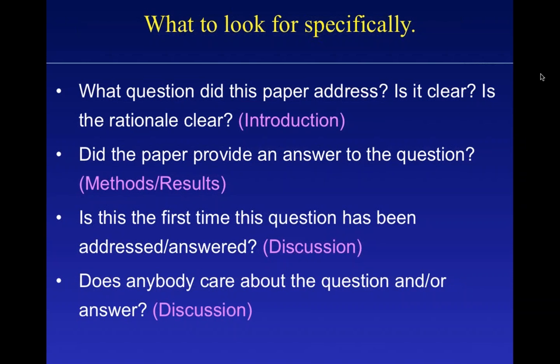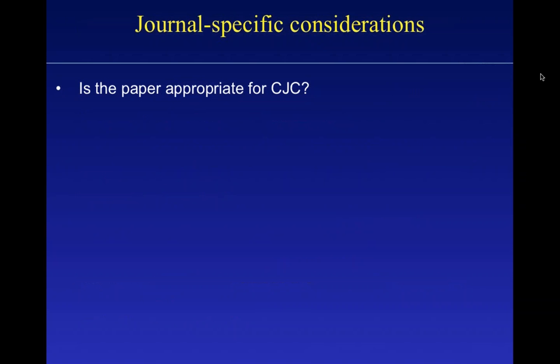Then, is this the first time this question has been addressed or answered? And does anybody care about the question and or answer? And that comes out of the discussion. So really, when you think about it, the standard parts of any paper should address very specifically these questions in the reviewer's minds.